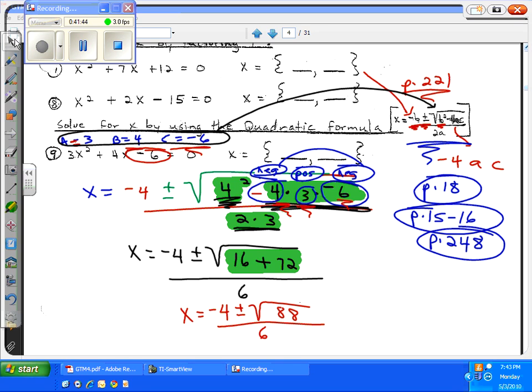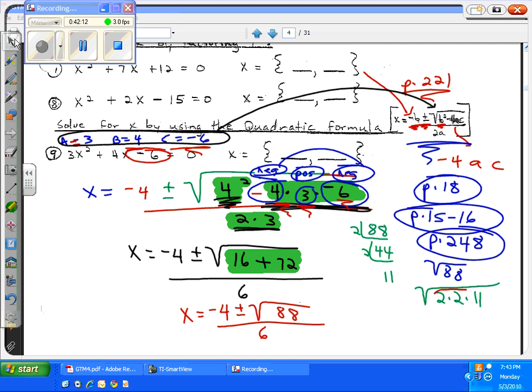And what I'm talking about is breaking down a radical like square root of 88 and putting it in simplest form. Now, to do that, you do the prime factorization. You would take 88 divided by 2 is 44, divided by 2 is 11, and 11 is prime. And so we would rewrite it as the product of its primes, 2 times 2 times 11.